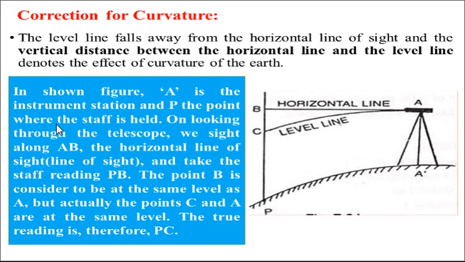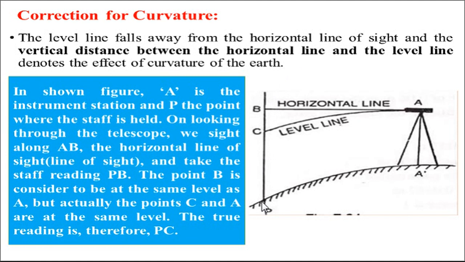In the figure, A is the instrument station, and P the point where the staff is held. On looking through the telescope, we sight along AB, the horizontal line of sight, and take the staff reading as PB.